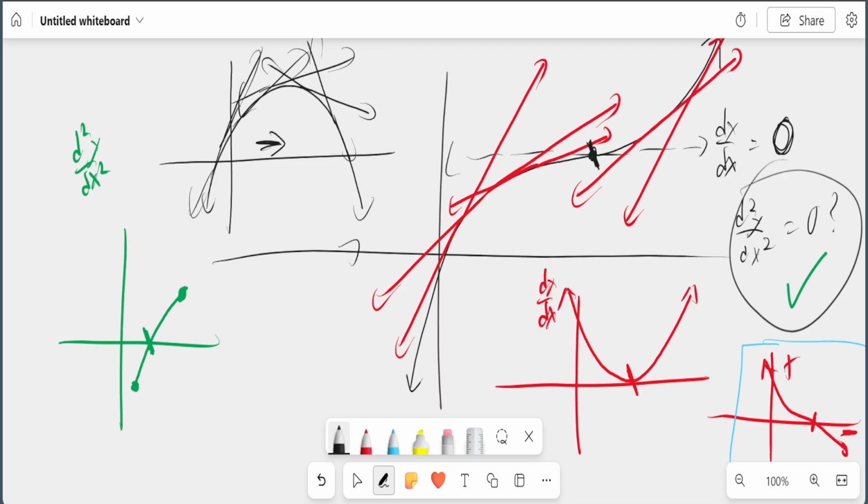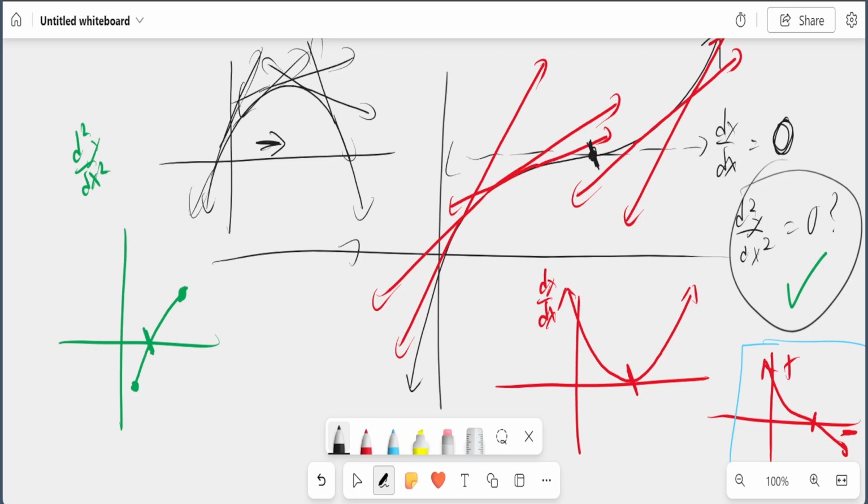So we call that concave down. And if the slopes are decreasing, what does that tell us about the double derivative of our concave down function? It's slowing down? Well, not exactly.